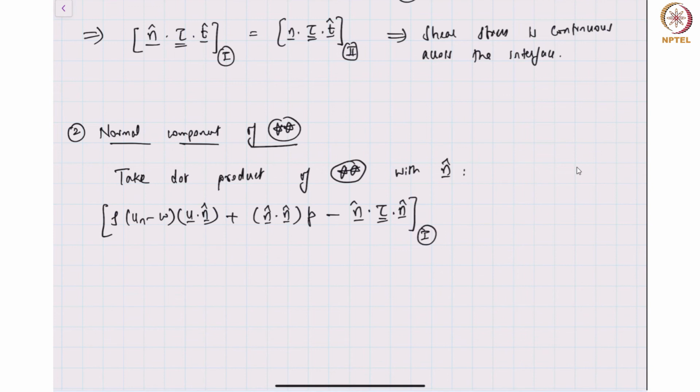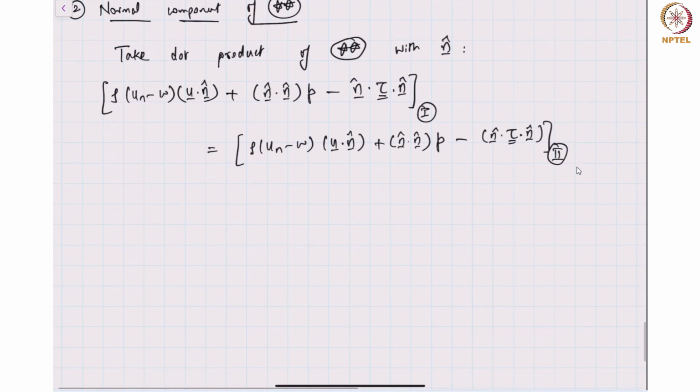This is across region 1, and it is the same expression at region 2. So we'll now simplify these expressions. If you look at this expression, n dot tau dot n, we'll give a simple shorthand notation, which will be tau nn.